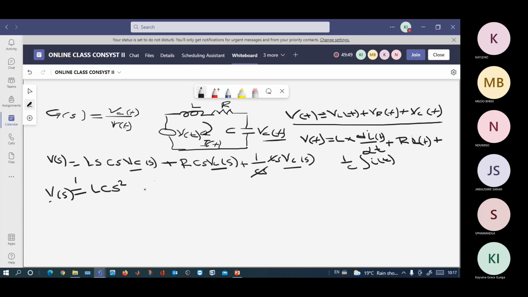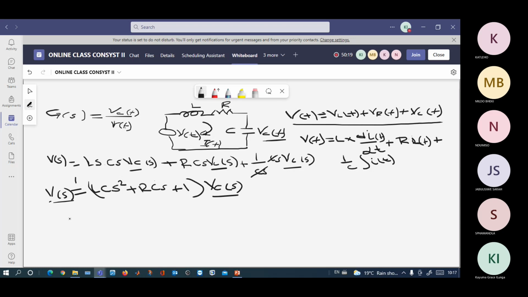LCS square plus RCS plus 1, and we put it together. So we're going to have VC of S. What we wanted to find now is this one over this one. So we can do the cross multiplying.